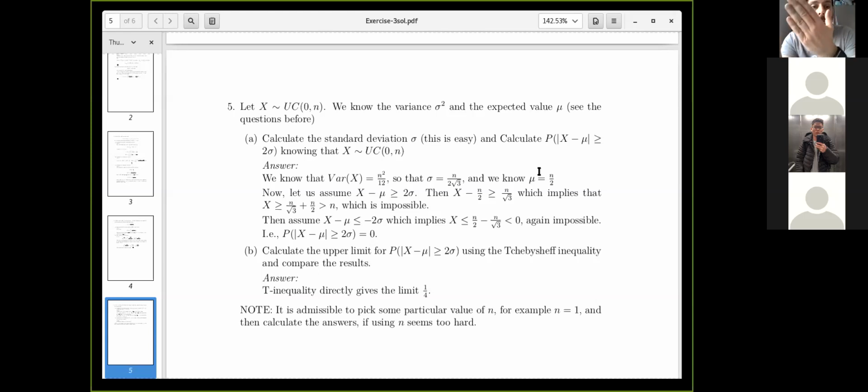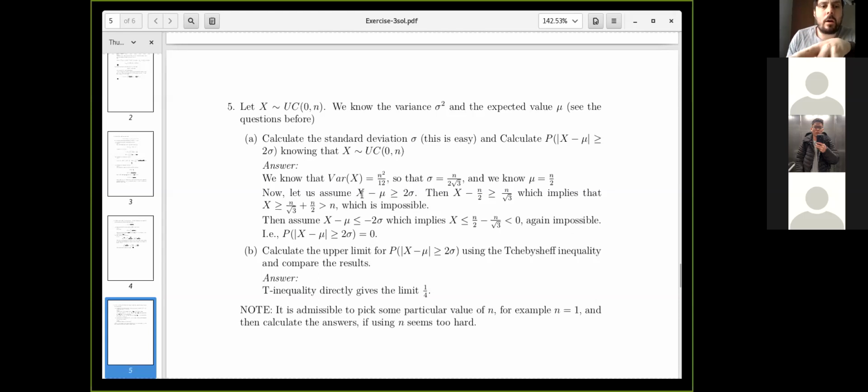This is a trick question. Based on what we did before, the variance is n squared over 12, so the standard deviation is n over 2 times the square root of 3. And we know that the expected value is n over 2 in this case.